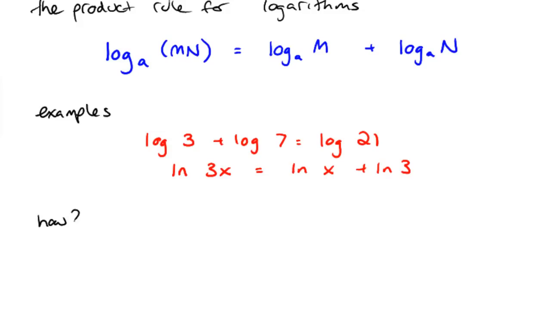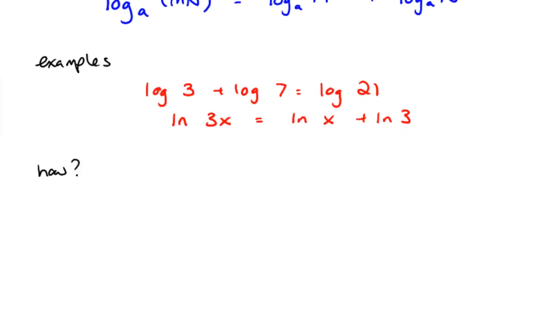This is not a proof by any stretch of the imagination, but it is a little strange to try to work with this rule. So let me give you an example that might help you understand why this isn't actually as weird as it looks. If we write down what log of 4.2 is, we find that it's 0.623249.